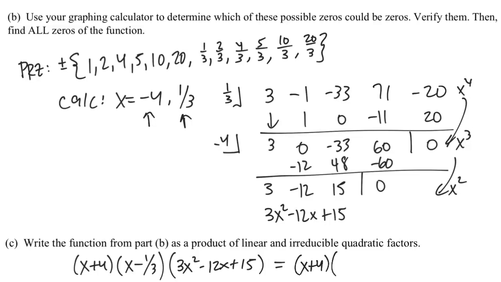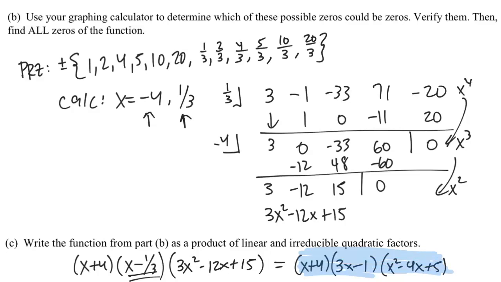When I give the 3 to that linear factor x minus 1/3, that's going to become 3x minus 1. So it's essentially like I'm just multiplying this middle linear factor by 3. And I took the 3 away from the quadratic, and so that's going to give me x squared minus 4x plus 5. And so that's the factored version of this as linear factors and irreducible quadratic factors, this little expression right here.